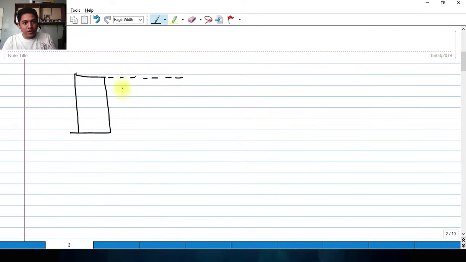Okay, so 20 degrees below the horizontal, I fired the ball, or I tossed the ball. Okay, and the height of this building, according to our problem, is 8 meters above the ground. Okay, this is 8 meters.